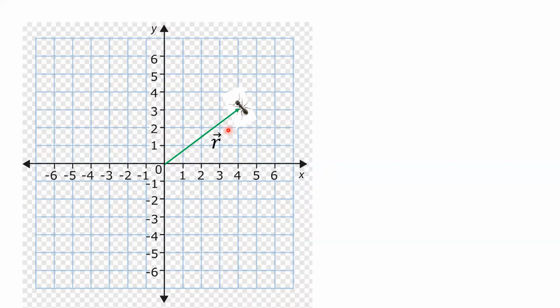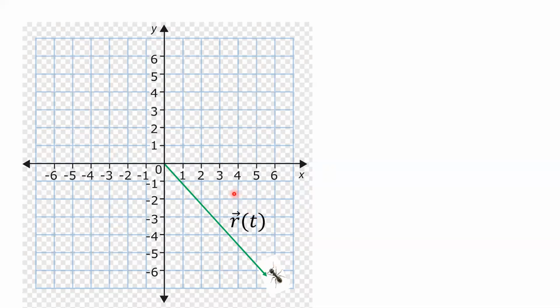And the motion, we specify the motion in time, really. So maybe the ant is moving in time, and you can just imagine that the tip of this vector is wandering all over the place. So the vector r clearly depends on time, and that means the x coordinate and the y coordinate depend on time. So it's kind of like there's two functions of this one input, the input being t, time.